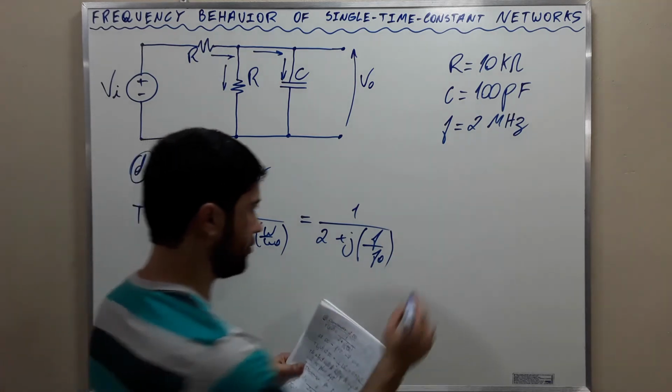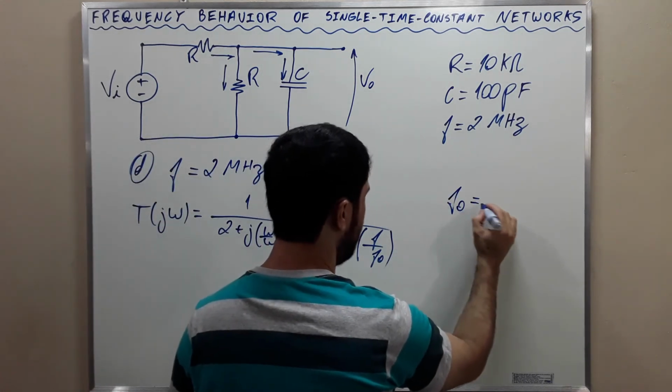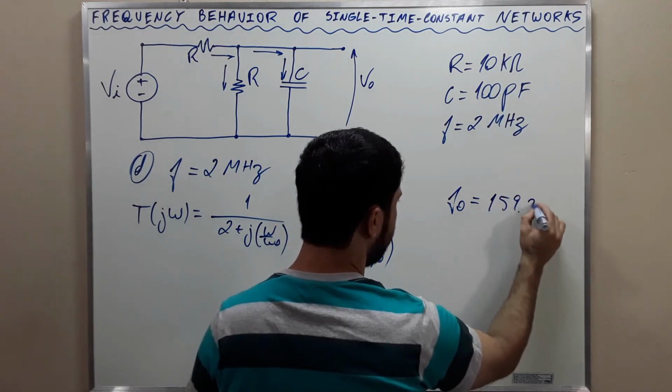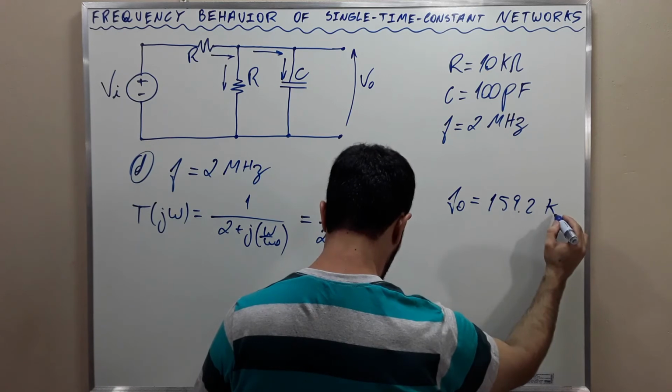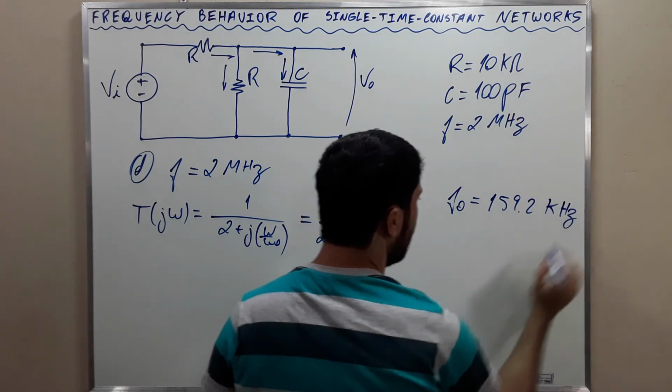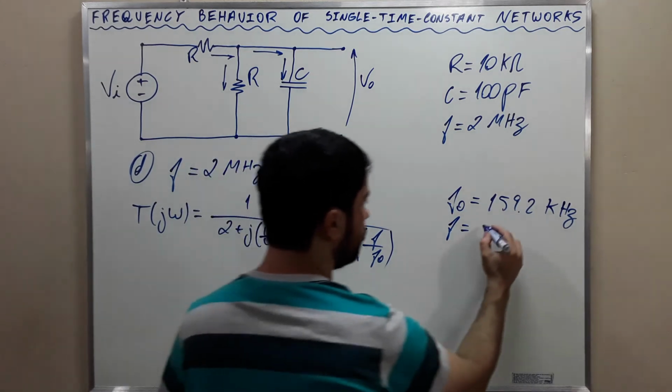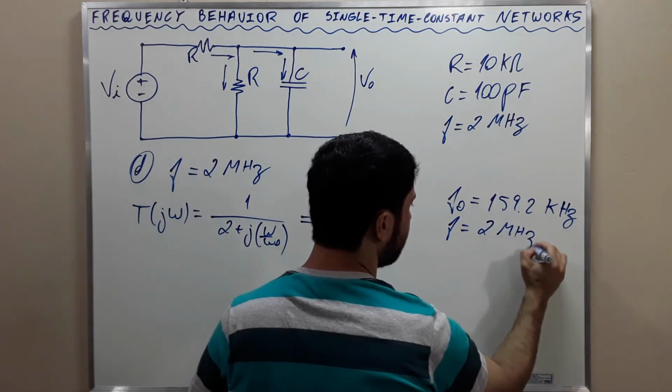We found F0 to be equal to 159.2 kilohertz. And we want F equal to 2 megahertz.